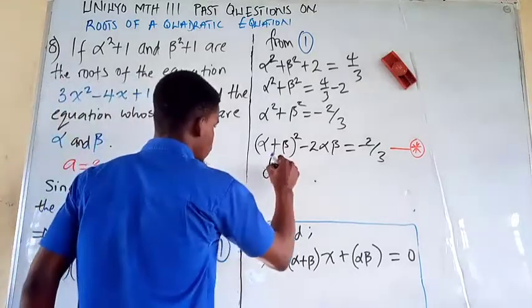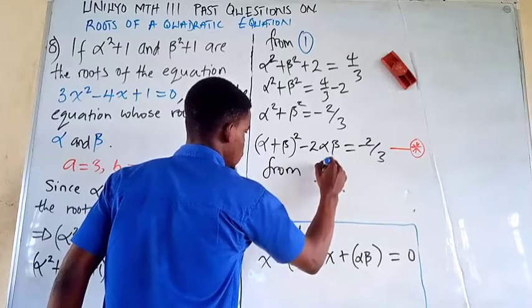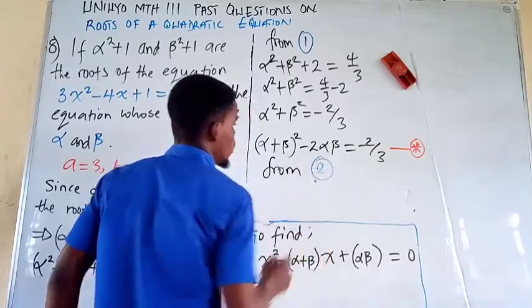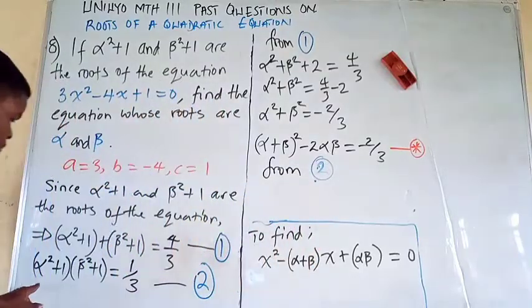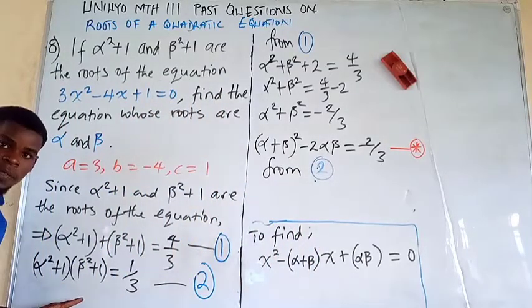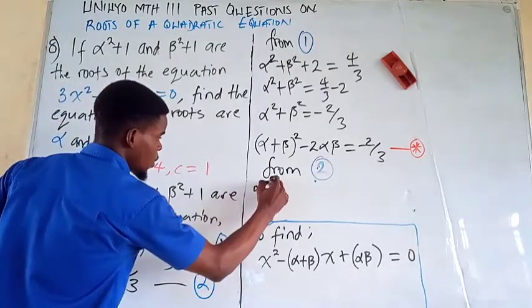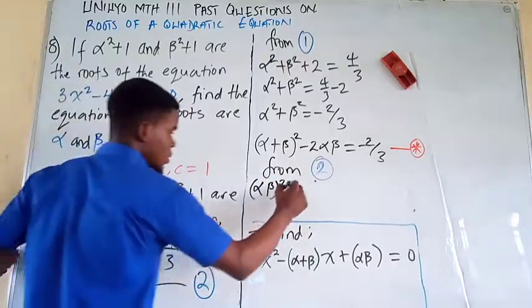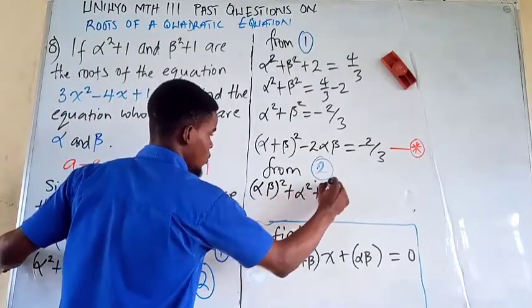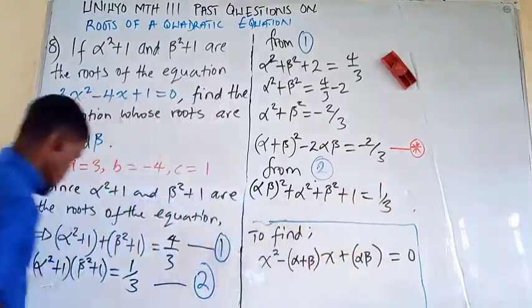So from 2, what do we get? Well, we see that to expand this on the left-hand side, we're going to have alpha times beta all squared plus alpha squared plus beta squared plus 1 is equal to 1 over 3, like that, alright?